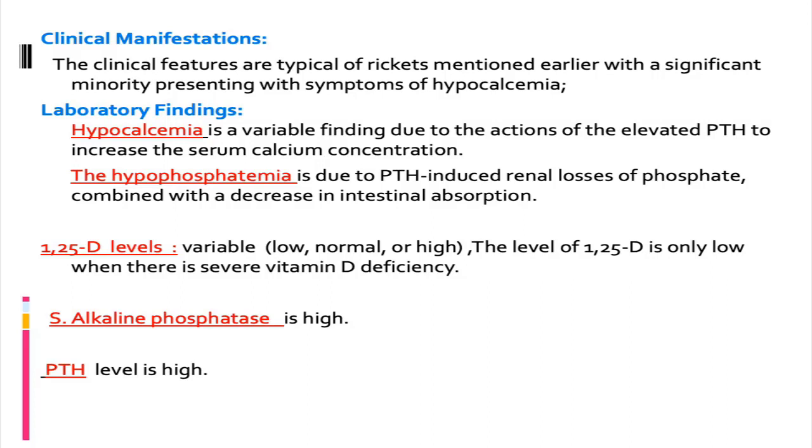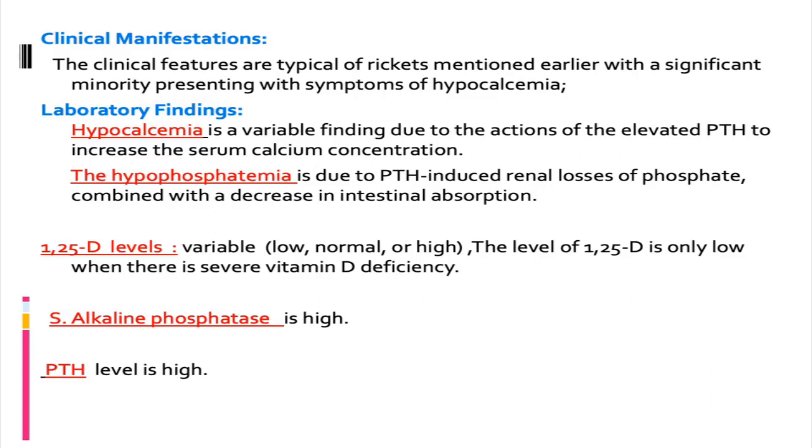This is because the child, especially a child with failure to thrive, will have the signs of rickets when the patient starts to grow. So it is a matter of equilibrium between the level of vitamin D and the rapidity or amount of growth of the child. And the vitamin D level is only low when there is severe vitamin D deficiency.